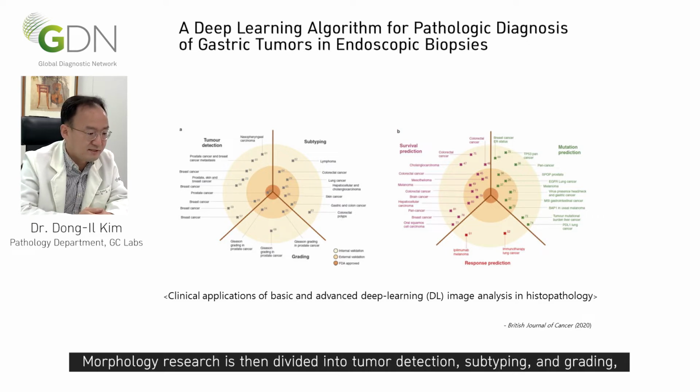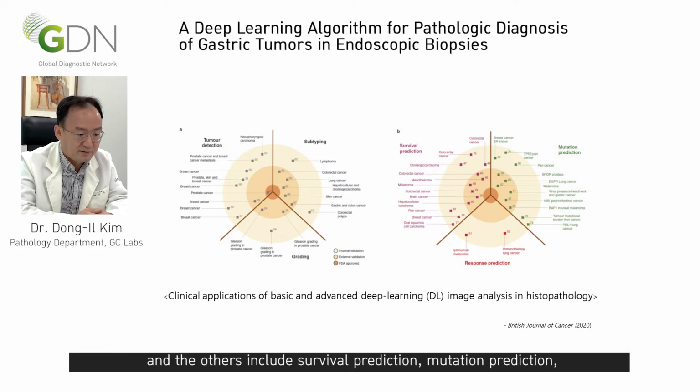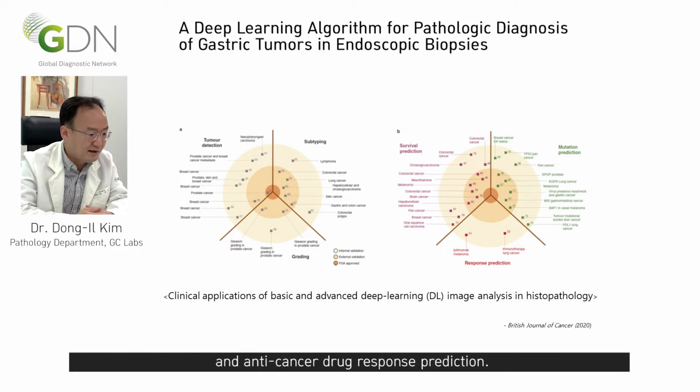Morphology research is then divided into tumor detection, subtyping, and grading, and the others include survival prediction, mutation prediction, and anti-cancer drug response prediction. The FDA-approved product in pathology is an algorithm for prostate cancer detection.